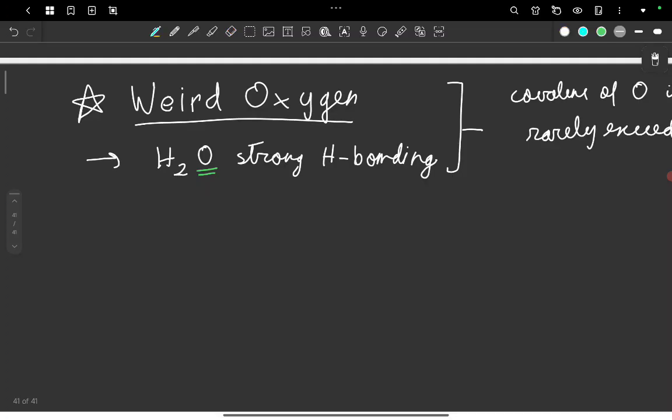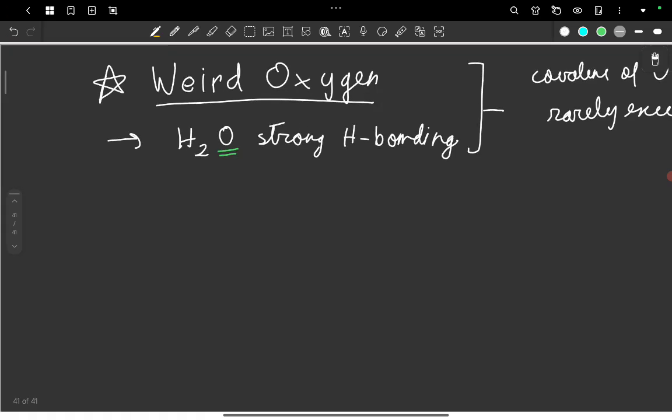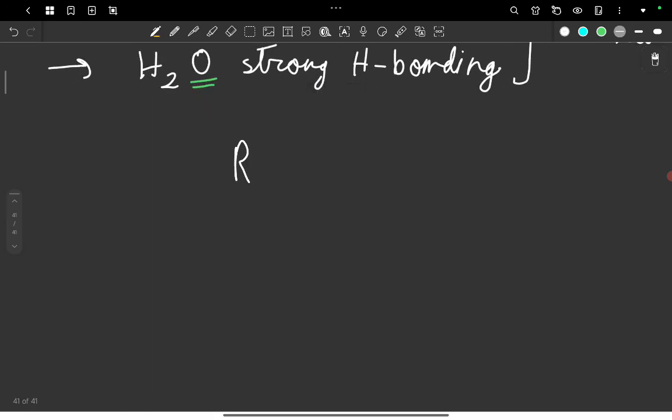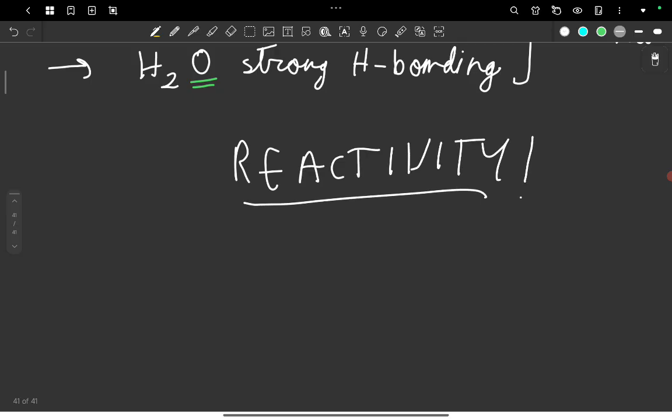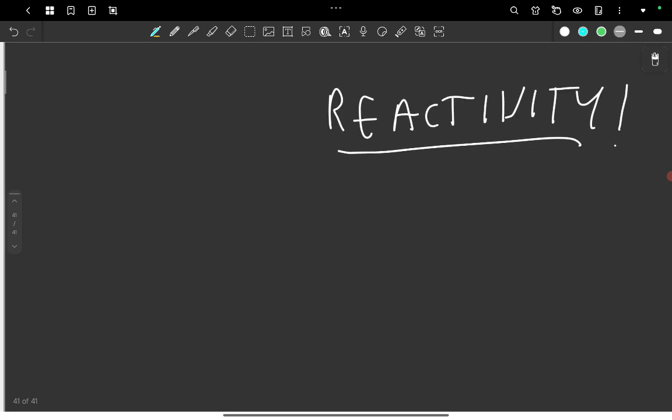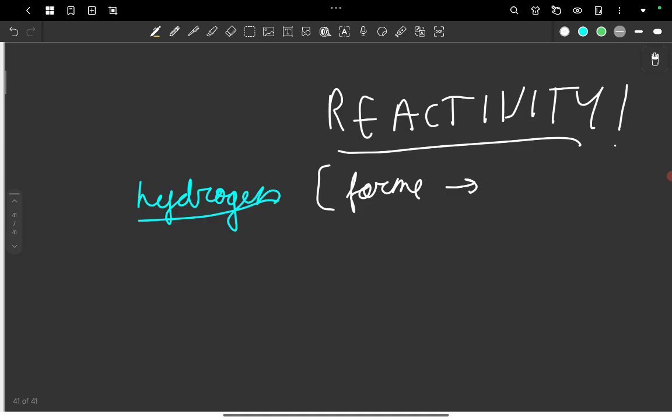So now let's talk about reactivity. First, let's talk about hydrogen. How do the group 16 elements react with hydrogen? Well, they form MH2.